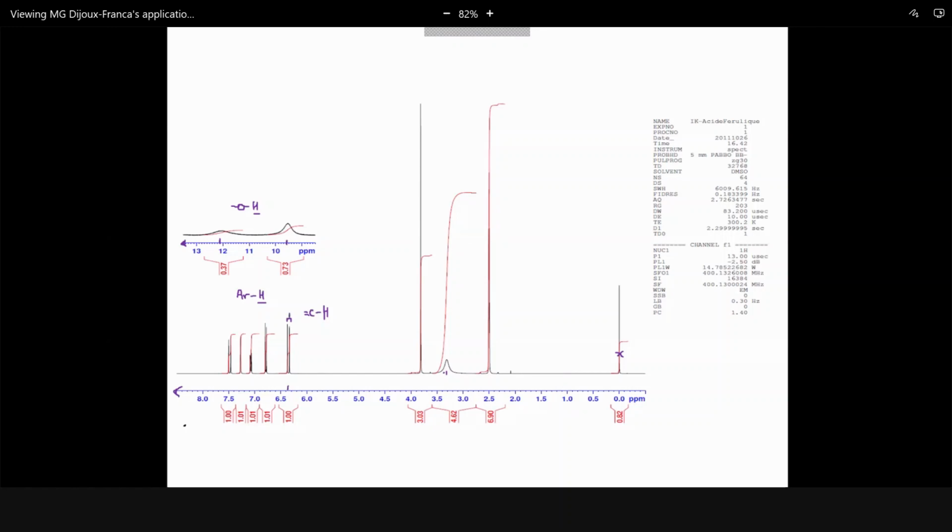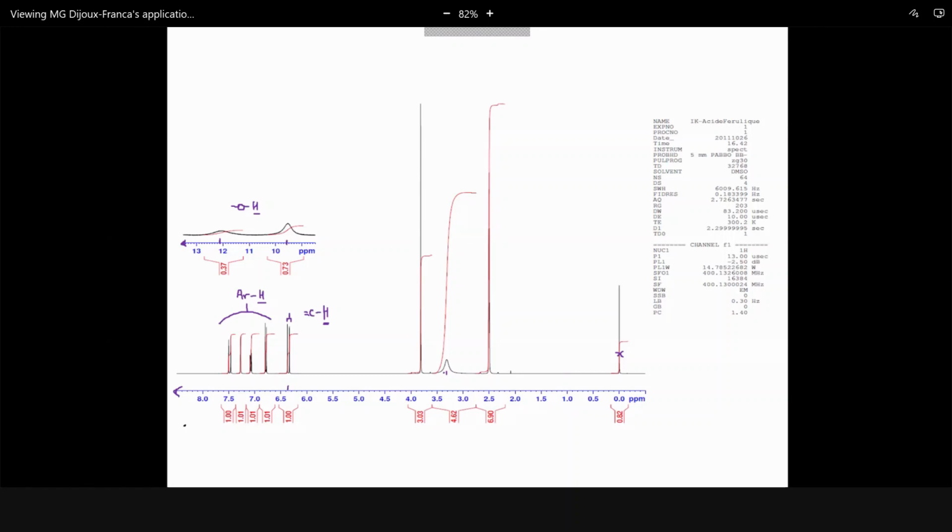At the moment, it's difficult to say because the scale is too broad and we don't see clearly. But we'll see that on the next slide. So let's say like that. These are aromatic protons. Here we have a CH of the double bond.